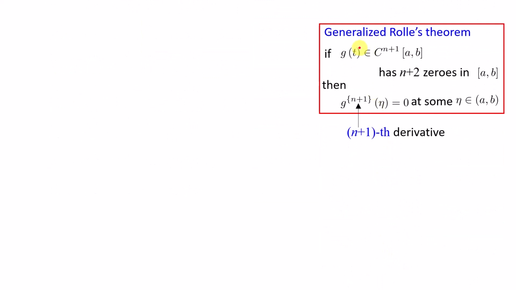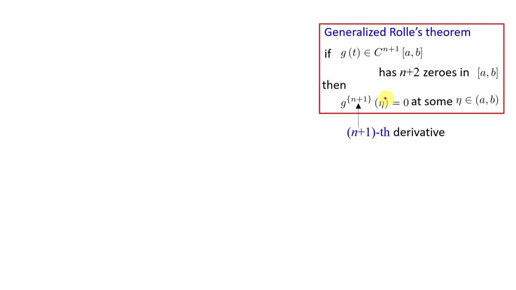Now we go to a very important theorem in calculus, and we are not going to prove it. The proof is not necessary here; we'll just state it. It says that if g is a function that is continuous in the interval ab and differentiable up to n plus 1 times, and if it has n plus 2 zeros in ab, then the n plus 1th derivative of g will be 0 at some point within the open interval ab.